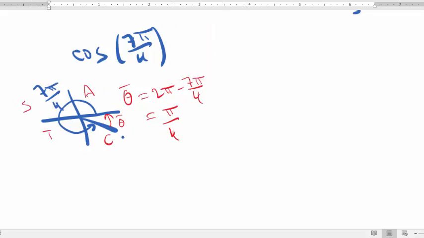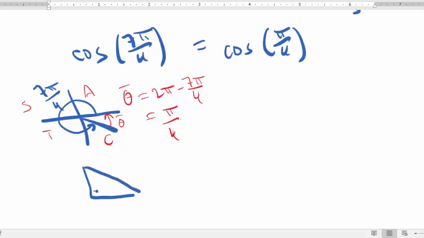And then if we look at ASTC, we realize, hey, the cosine of 7 pi over 4 is actually going to be the same as the cosine of pi over 4, because cosine is positive in the fourth quadrant. So it's going to be the same as the cosine of pi over 4. And the cosine of pi over 4, if we remember, again, our triangle, and eventually you won't have to write this out every single time, right?